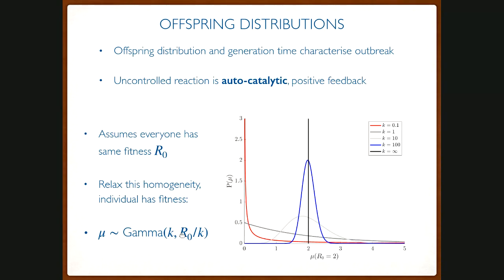We could look at various viewpoints of this gamma distribution. If k is very large, tending towards infinity, you'll get deterministically the R naught value, which is its mean. As you decrease k, it starts to spread out and even gets an exponential-looking form, or even a hyper-exponential-looking form. So why is it important to understand this offspring distribution?